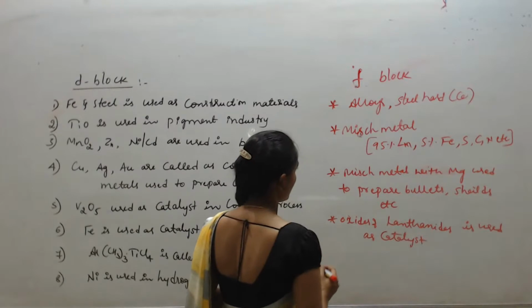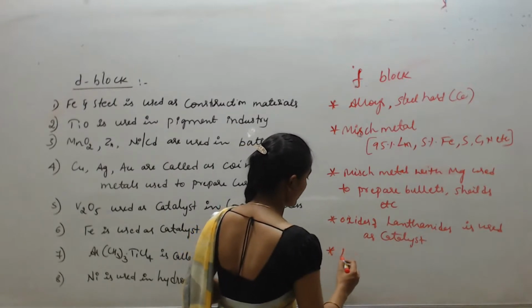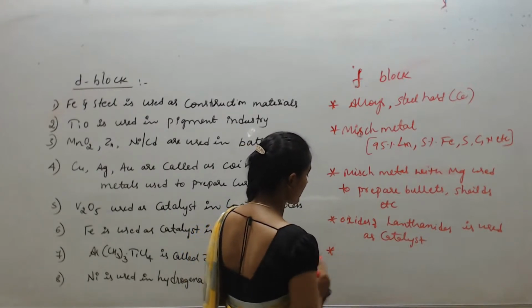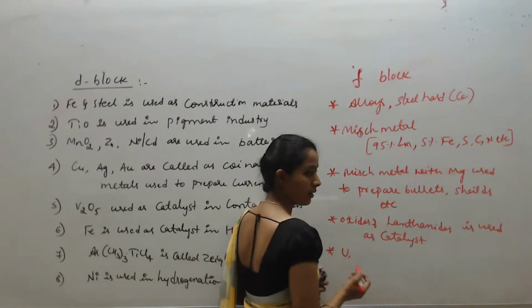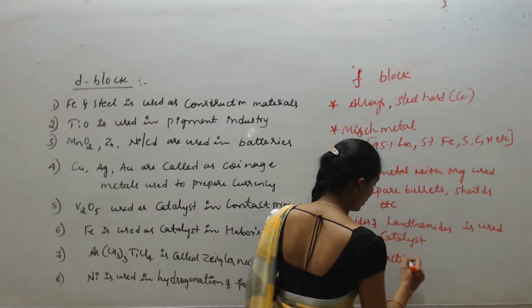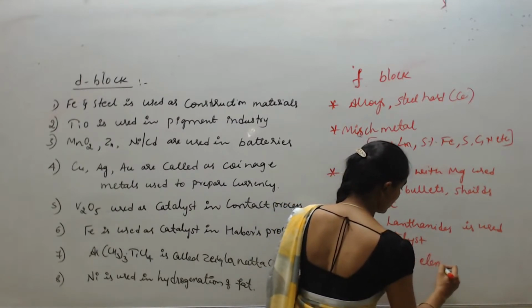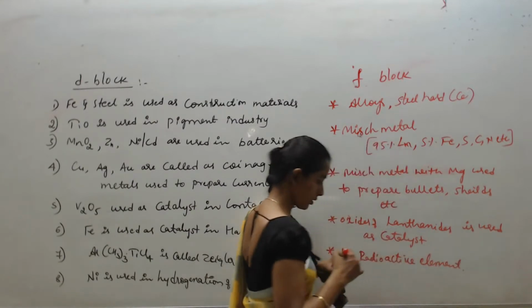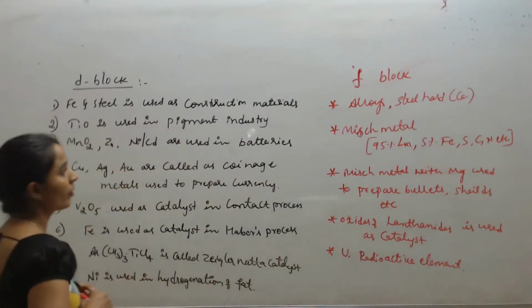You know, the last group elements, that is radioactive elements, are the actinides. In that, uranium is used as a radioactive element in the nuclear power reactor.